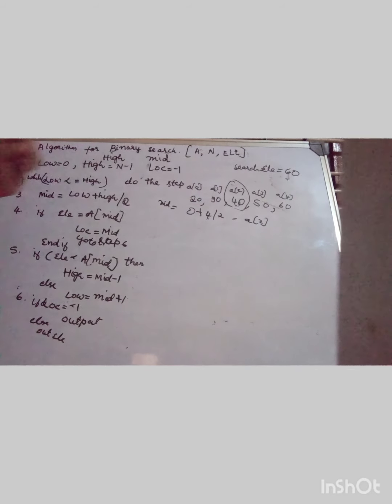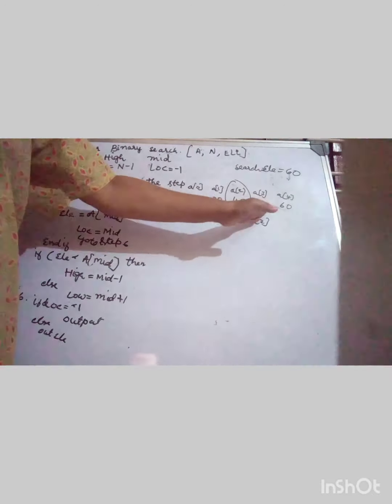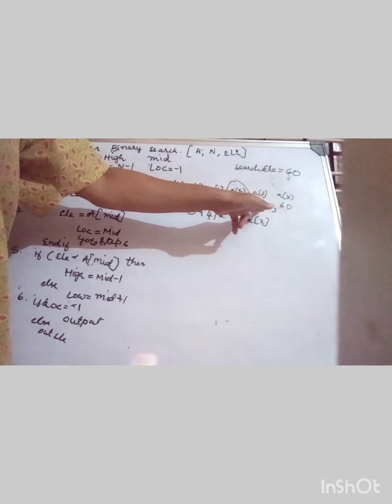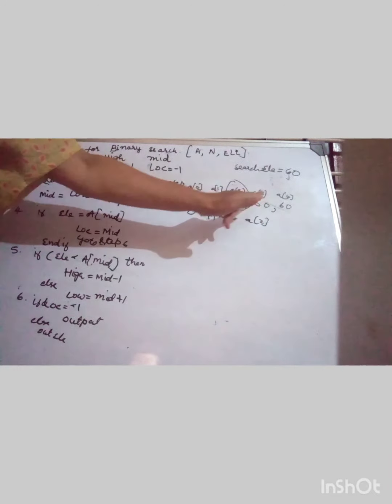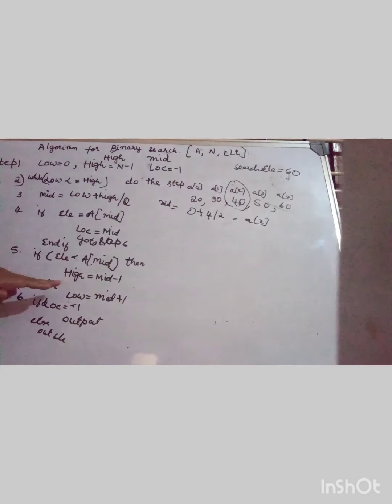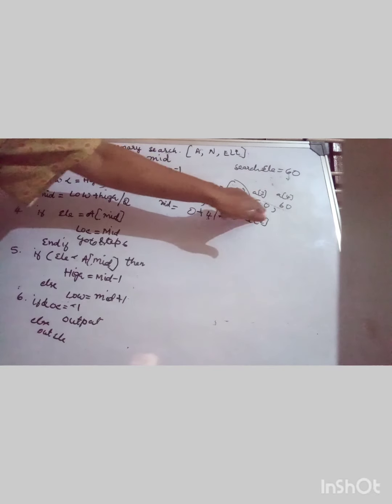Else, as I told, since my search element 60 is on this side, I should search here. That means the beginning, low, becomes mid plus 1. From here you start searching.